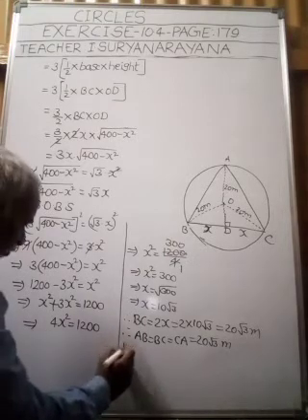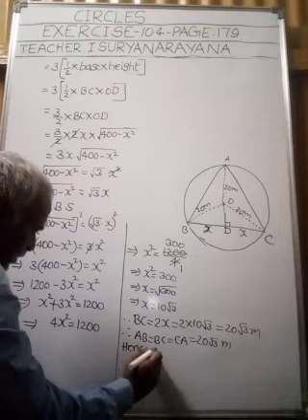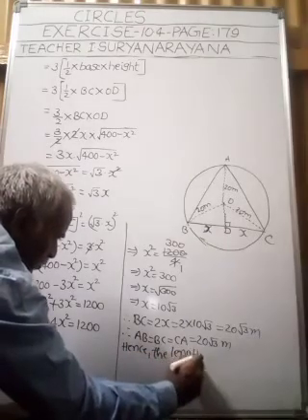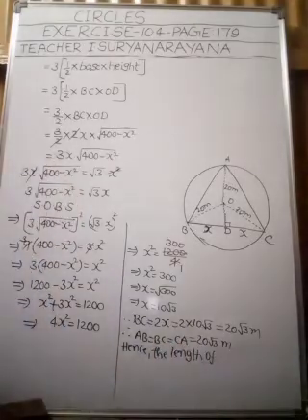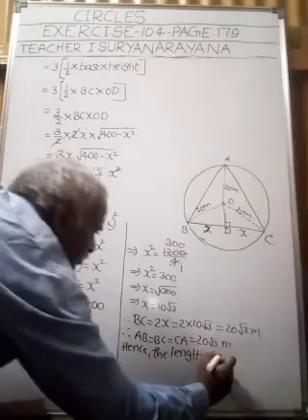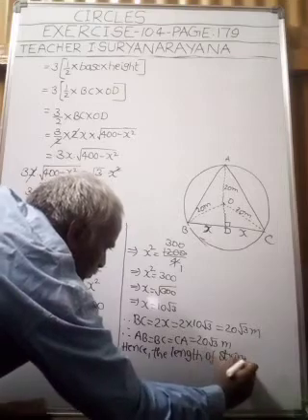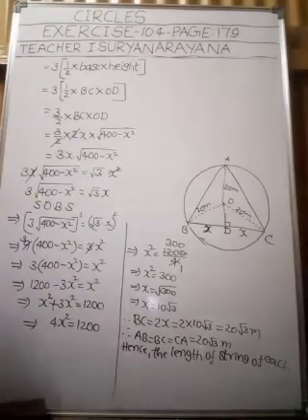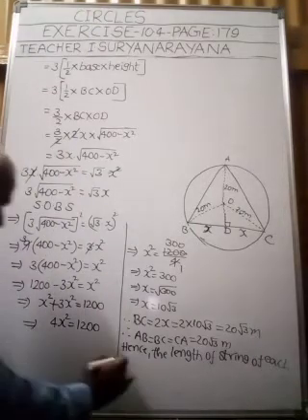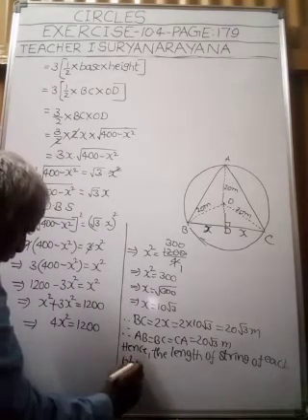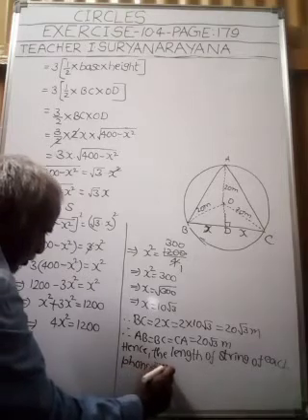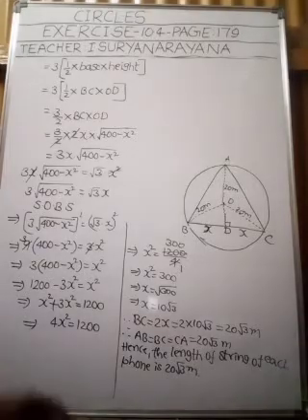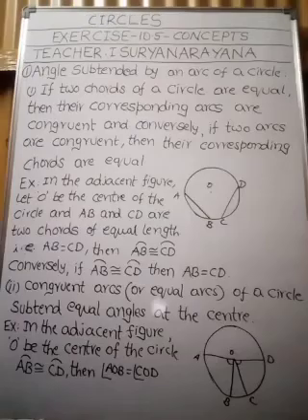Hence, finally, we write: hence the length of string of each phone is 20 root 3 meters. Okay, my children, understood? Right.